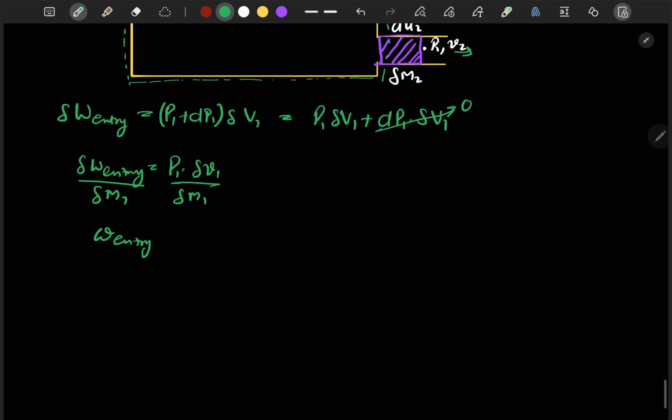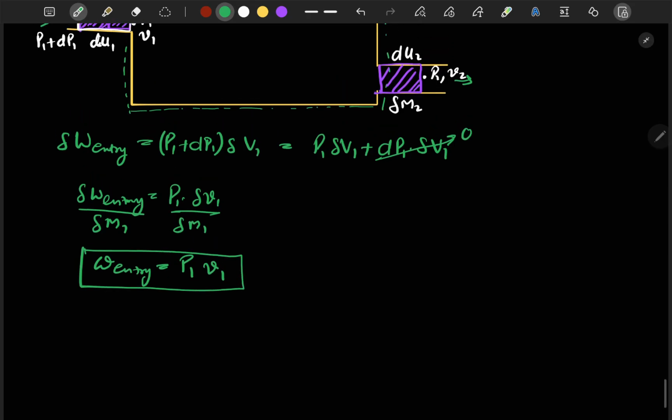It will be equal to P1 times delta V1 upon delta M1, which is V1, the specific volume. So the work done at entry, or flow work at entry, is represented by P1 V1.